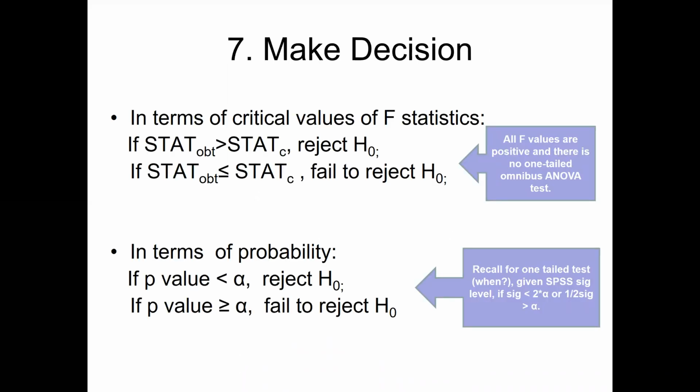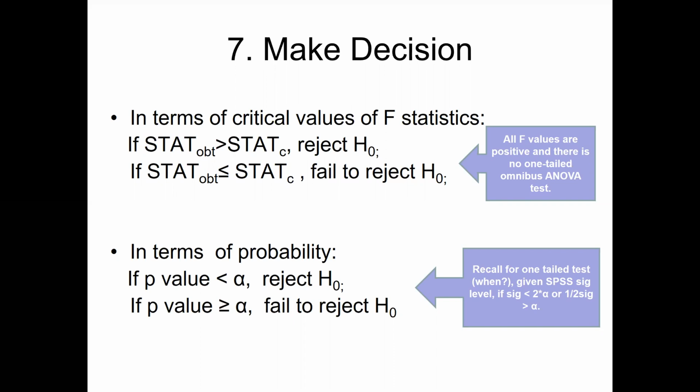Once you have your obtained statistic, you're going to make your decision about the null hypothesis. If your obtained statistic is greater than your critical F, you're going to reject the null. And if it's less than or equal to your critical F, you're going to fail to reject the null.